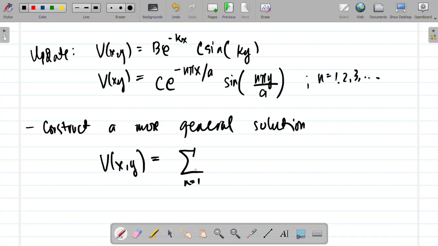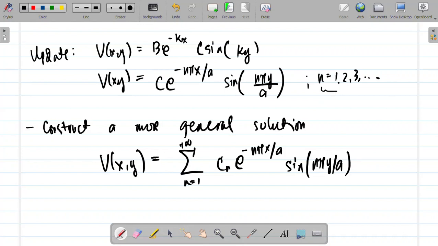Summation n equals 1, positive infinity, ng c sub n e raised to negative n pi x over a sine n pi y over a. Yan yung mas general na solution kasi tinake into account na natin itong maraming n.